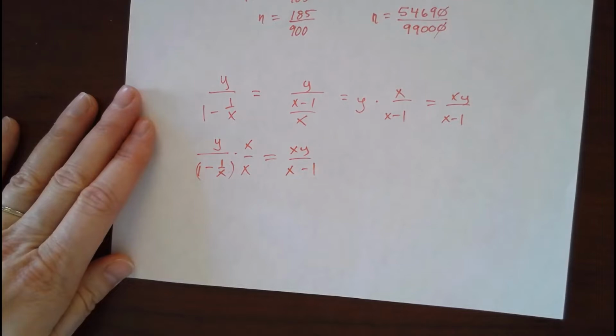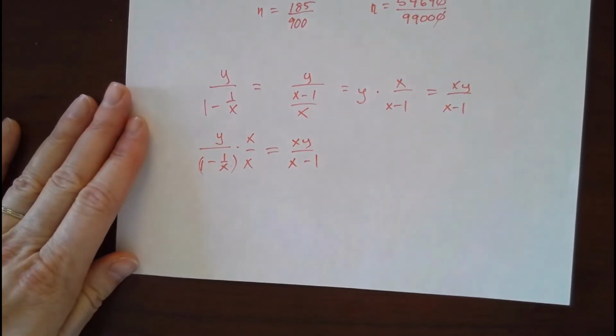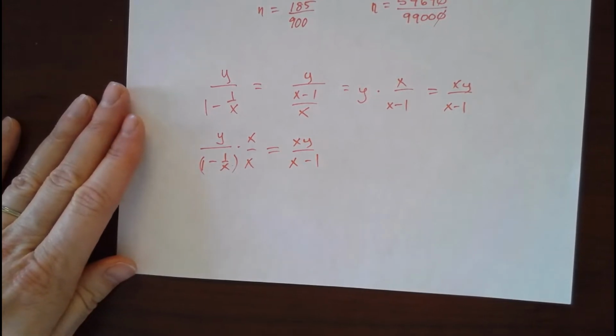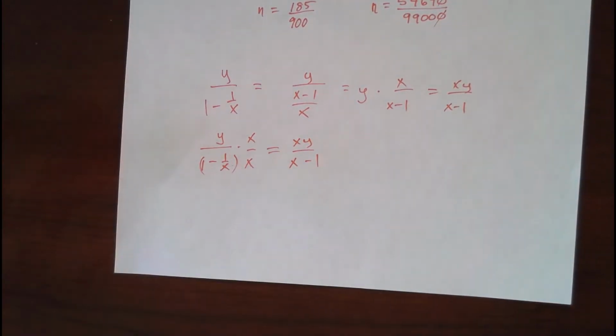You can get it in one step instead of going the long chain. So, I mean, it's not wrong to do that. I just think it's simpler to do that. So, I don't care how you get there, but it simplifies to xy over x minus 1.